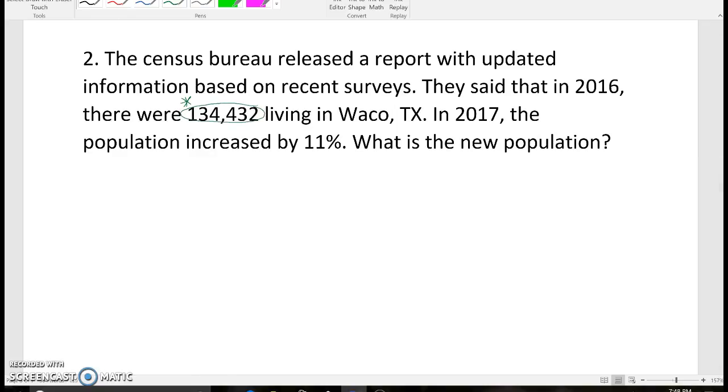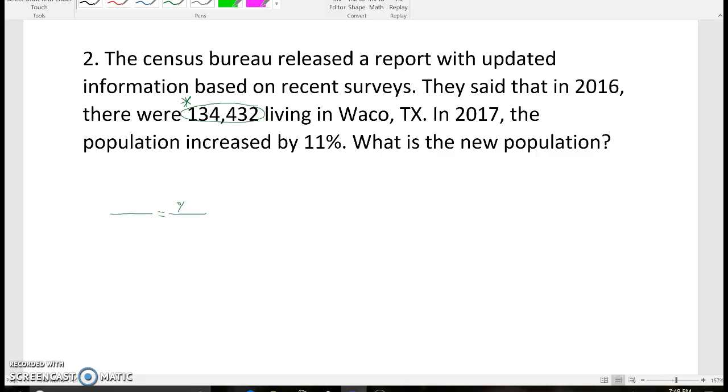So they said in 2016, there were 134,432 people. In 2017, it increased by 11%. Okay, so we're saying 11%. Do we know how many people that is?